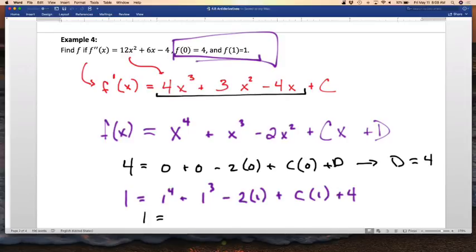1 equals, that cancels out. We got c plus 4. So c equals negative 3. So we have our particular antiderivative, and we can write it all as 1. Or what you can do is just go back and replace c now with -3 and d with 4.